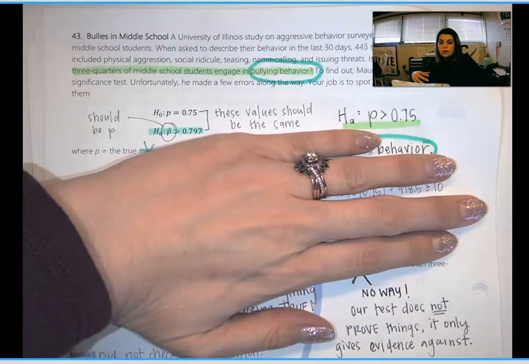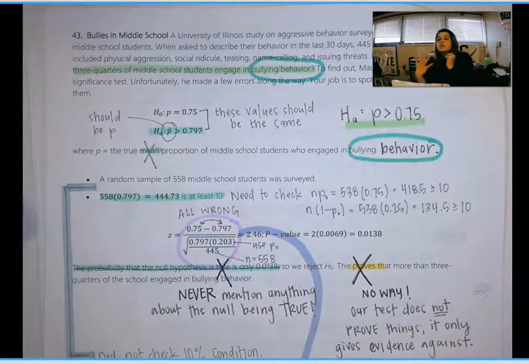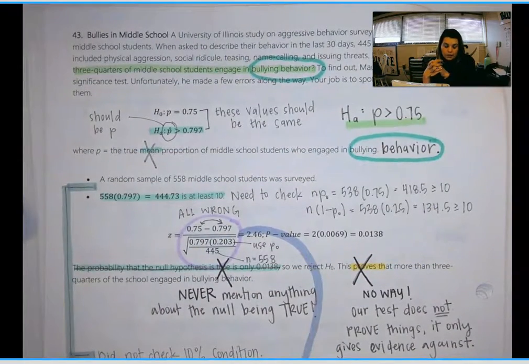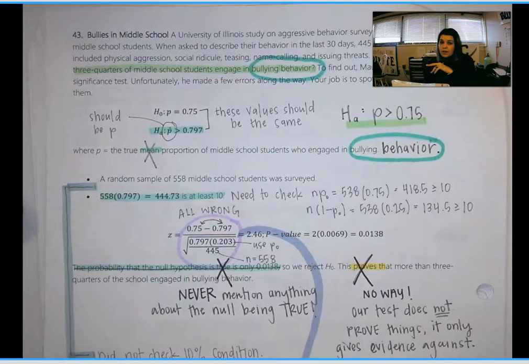Completely ignore their solution. Solve the problem on your own, and then go back through and highlight the things that they got wrong. So I'm going to go through this one a little bit more in depth, and I would encourage you to stick with me and verify that you identified all of the errors.